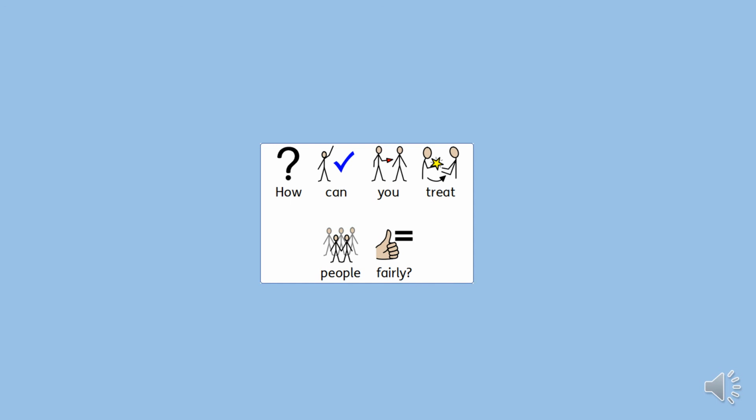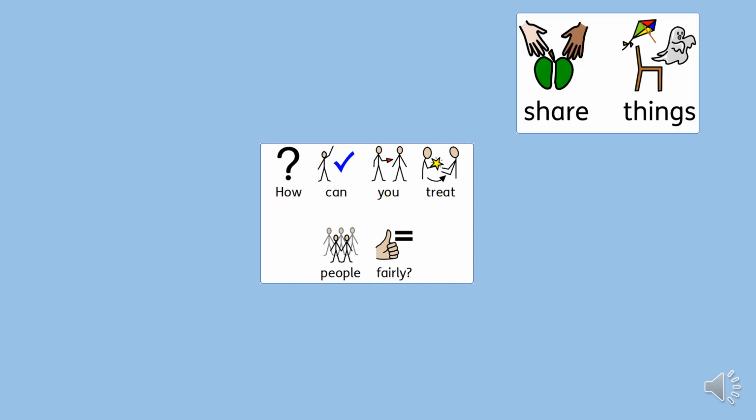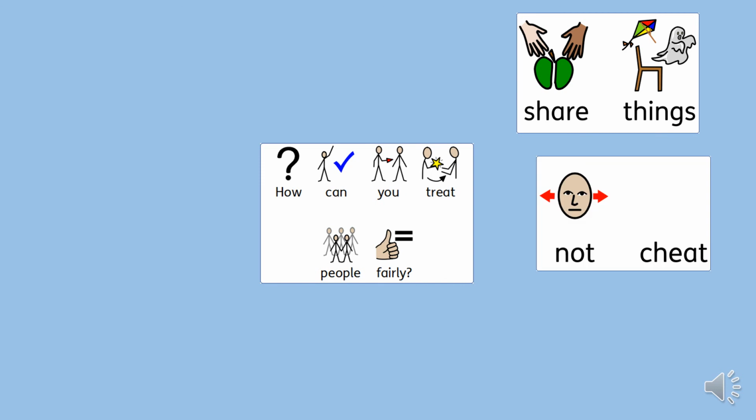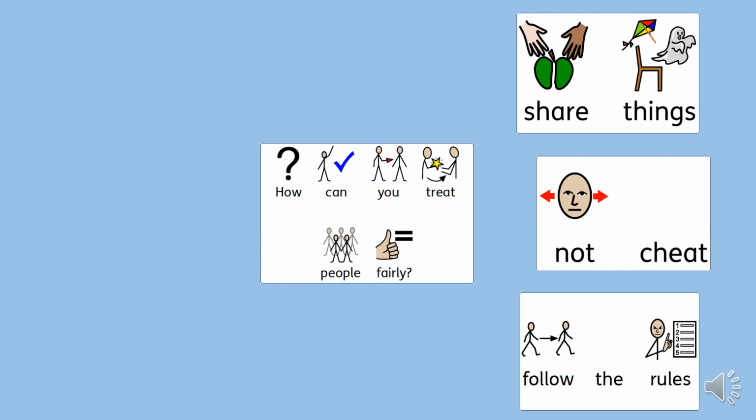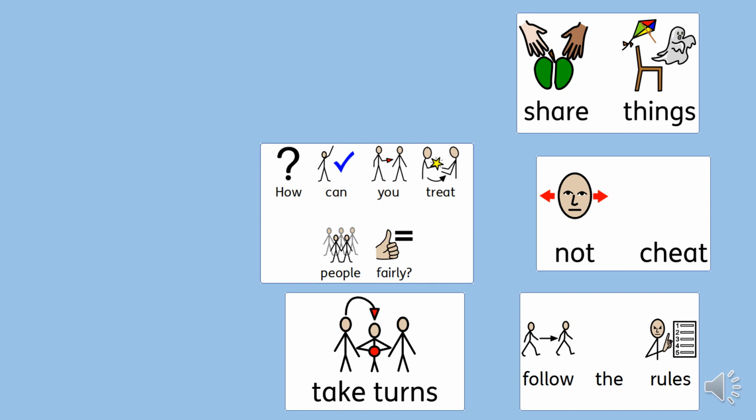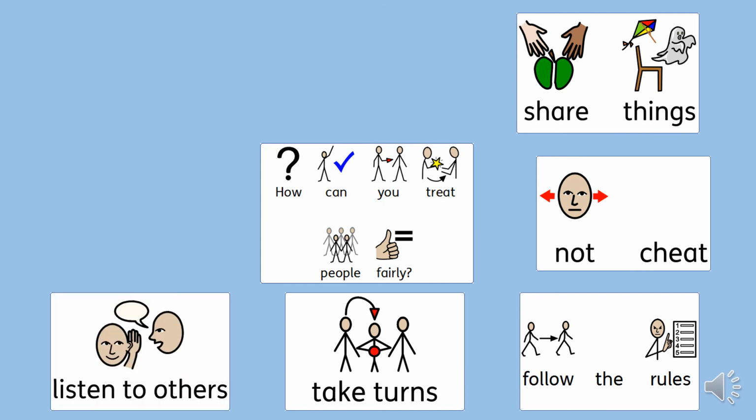So just to finish, let's have a think about how you can treat people fairly at school. You can share things, share equipment. Don't cheat. If you're playing a game or if you're doing some work, don't cheat. Follow the rules. Take turns, give everybody a chance.